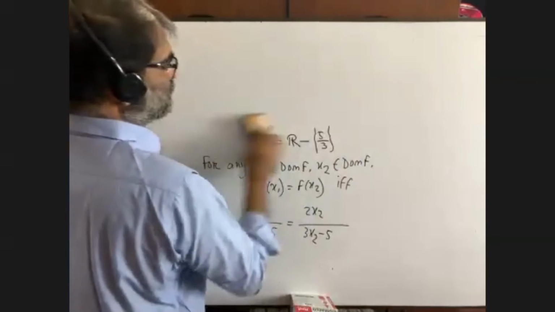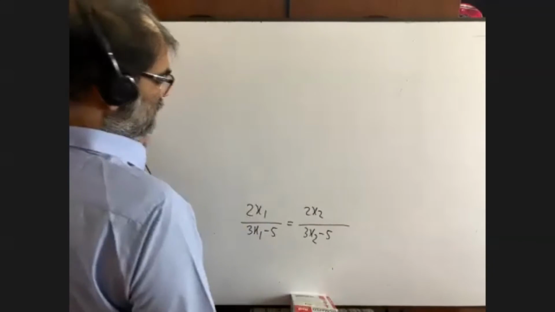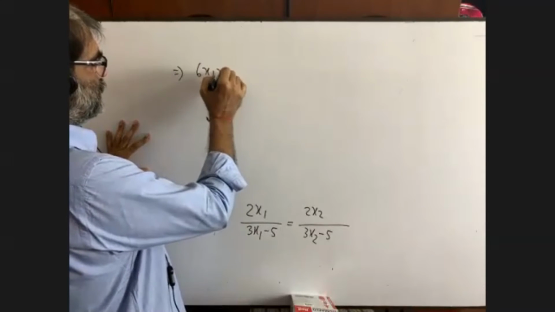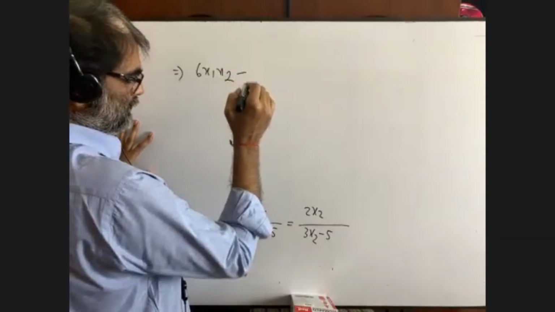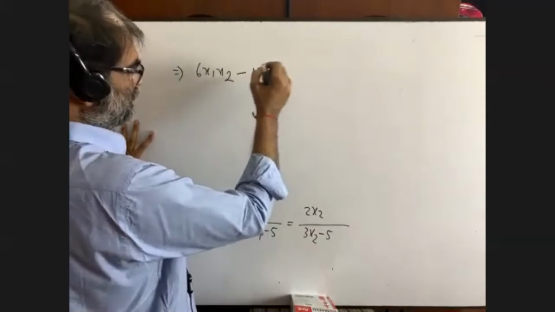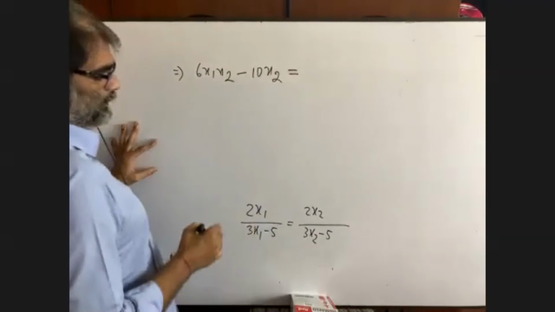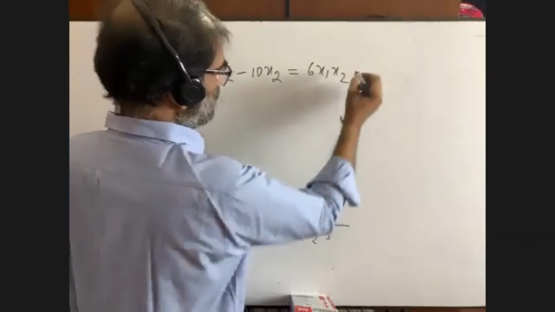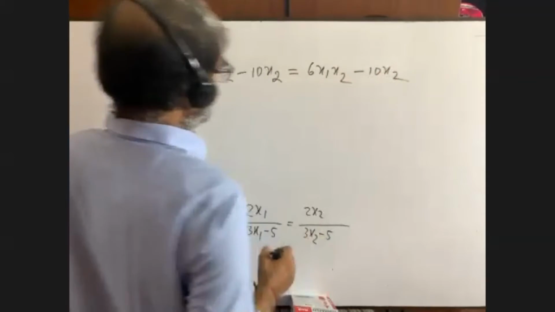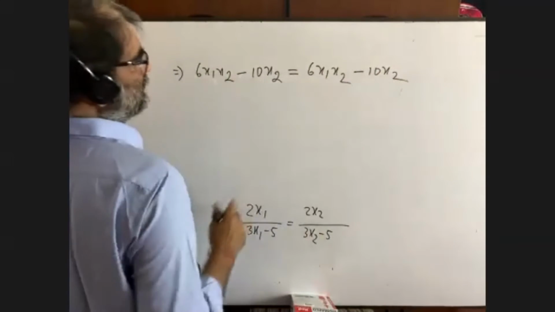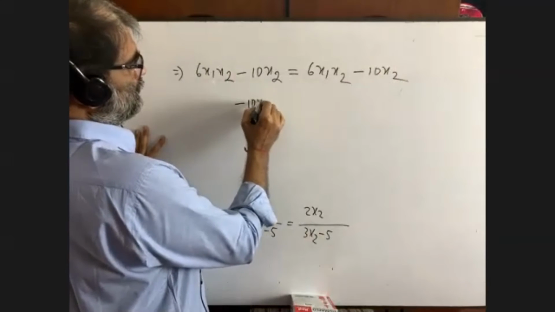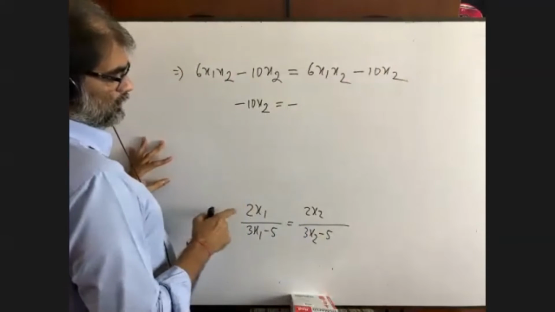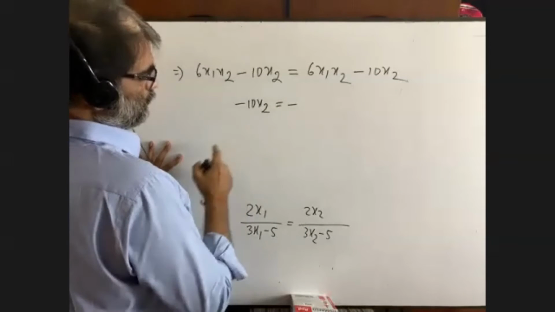That means we are getting here 6 x1 x2 minus 10 x2 is equal to 6 x1 x2 minus 10 x1. From here this gets cancelled. So minus 10 x2 equals, and sorry here, minus 10 it is x1.